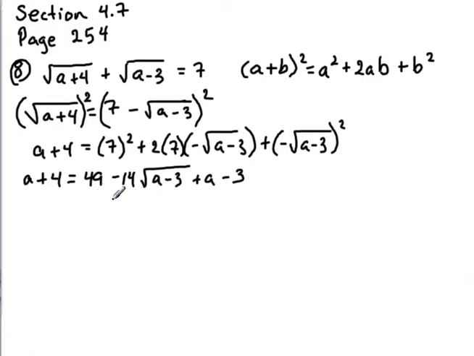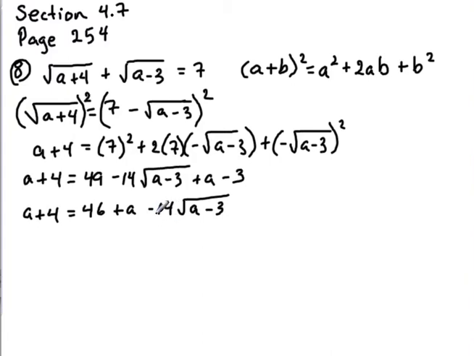The next thing we want to do is simplify the right side, so we have a plus 4 equals 49, and negative 3 become a 46. I still have this plus a minus 14 radical a minus 3.